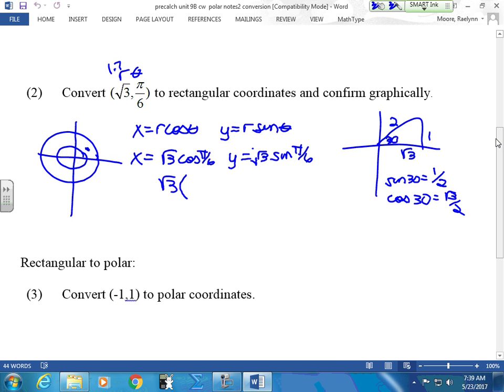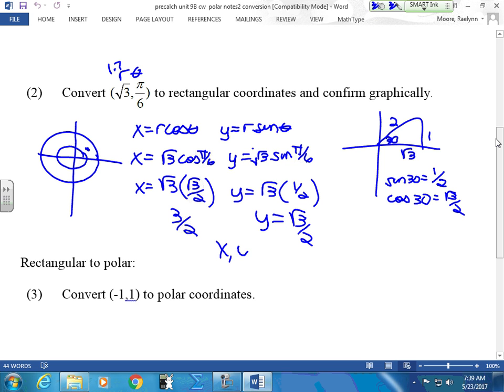Radical 3 times my cosine, radical 3 over 2. And radical 3 times radical 3 is 3. It just pops right out. Radical 3 times 1/2. What would that give me? Radical 3 over 2. So here's my point. So my point is (3/2, radical 3 over 2).